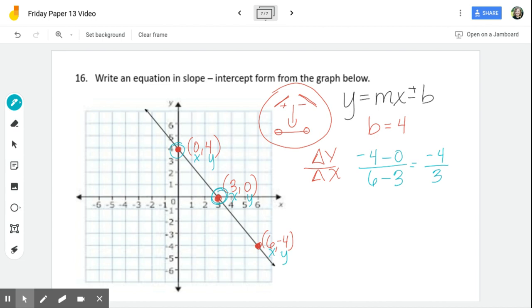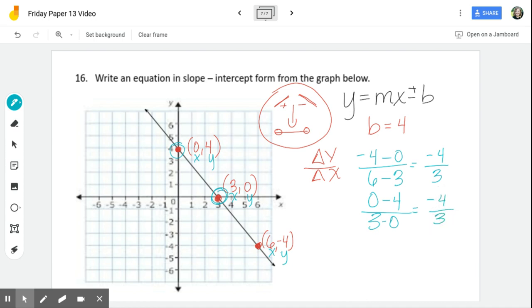Let's see if that's the same from this point to this point. Okay, so let's find that change. So that would be 0 minus 4. Again, I'm taking the y and the y here, and I'm finding the change, and that's subtraction. 0 minus 4 over 3 minus 0. 0 minus 4 is -4, and 3 minus 0 is 3.